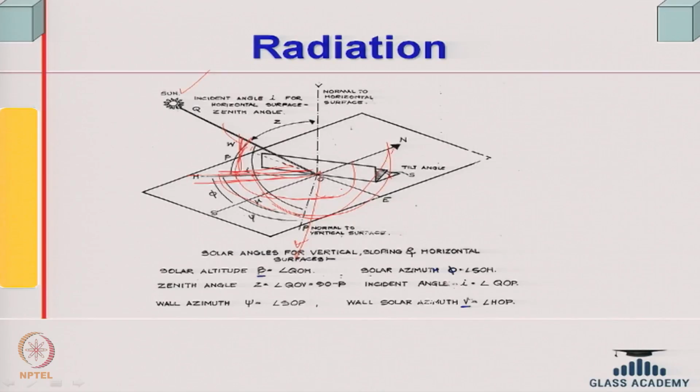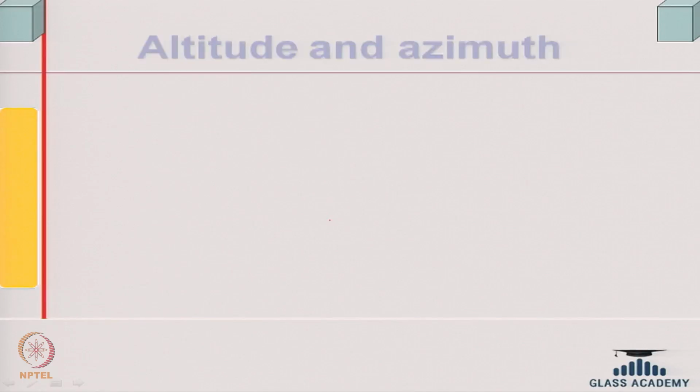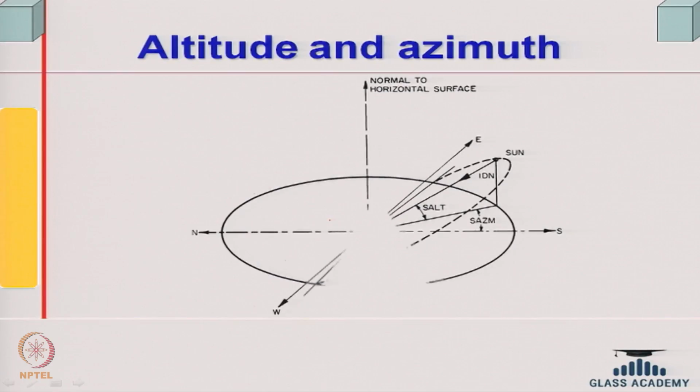And we define something called wall solar azimuth, which is the angle between the normal to the wall and the sun's projection on the ground. Now, these angles are important if you are doing some calculation. I just thought I would give an introduction to this. So, the azimuth angle of the wall and the azimuth angle of the sun are again shown with respect to south. Here it is showing the azimuth angle of the sun, and this is the altitude angle, the solar altitude.